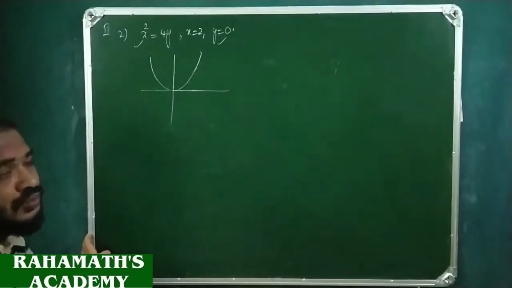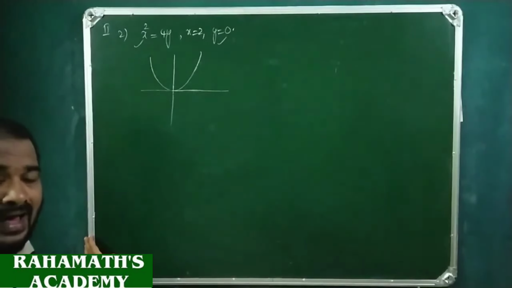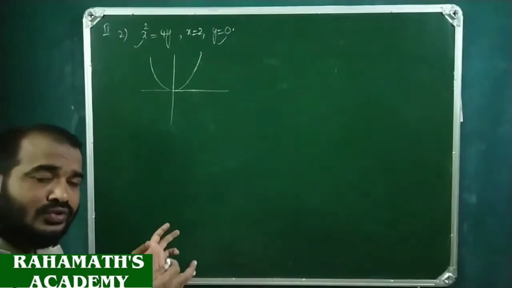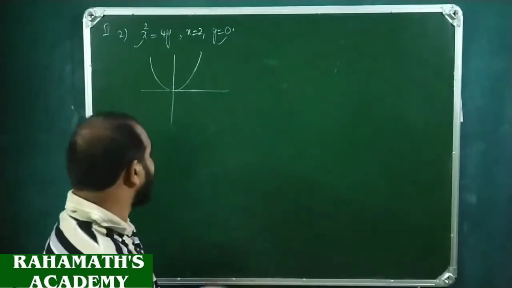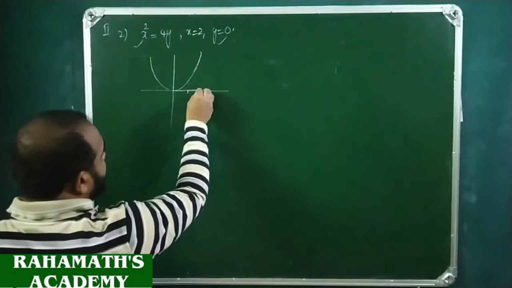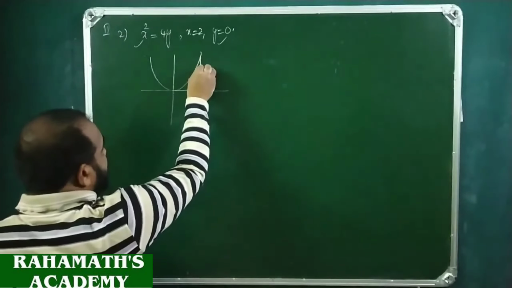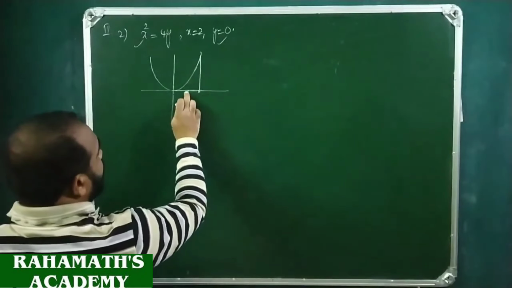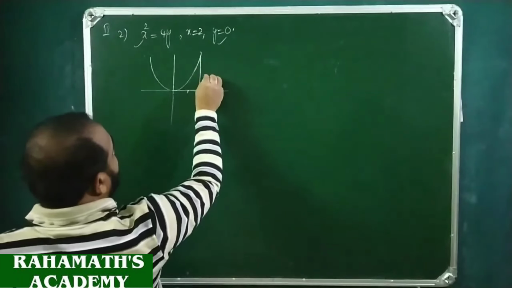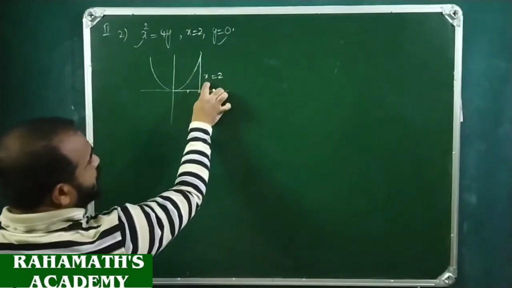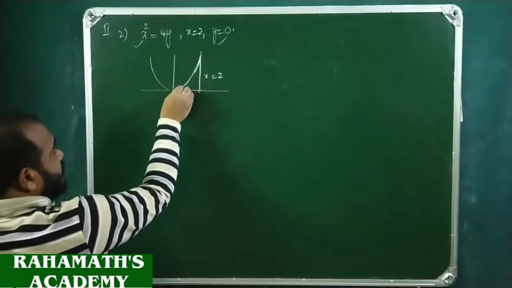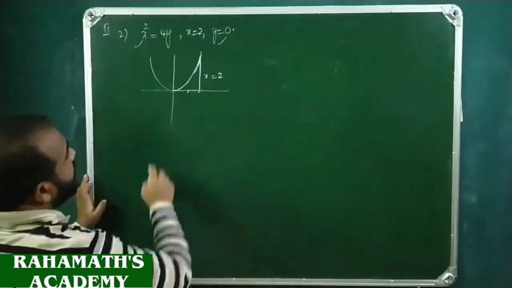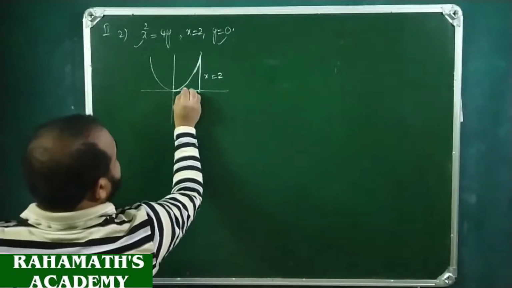X equals 2, of the form x equals k, is the line which is parallel to the y-axis. That is a vertical line. So this is 1 and this is 2. So this is x equals 2. This is the given curve, and y equals 0 is the x-axis.